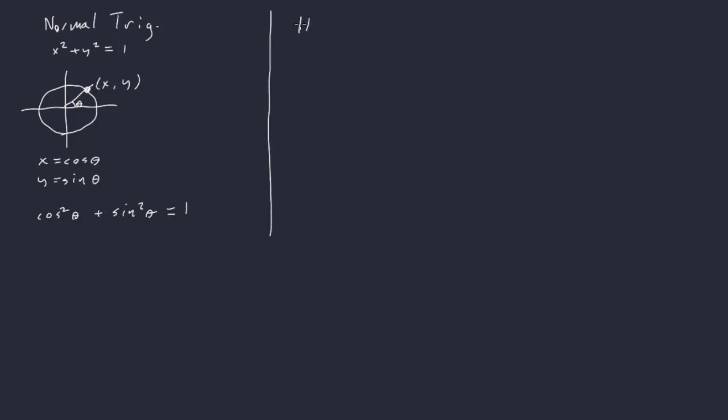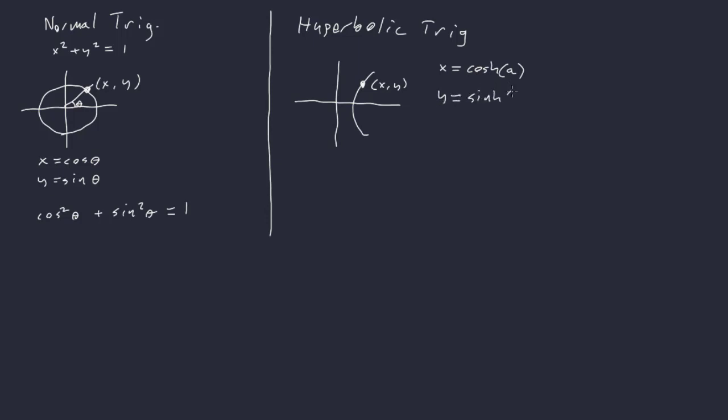With hyperbolic trig, on the other hand, we have sort of a similar idea happening. We still have the point x, y, and here x is cosh of a, let's say, and y is sinh of a. Okay, and the formula for the unit hyperbola is x squared minus y squared equals 1.